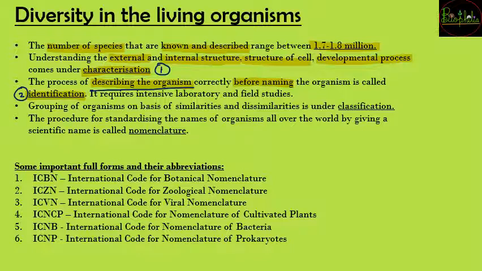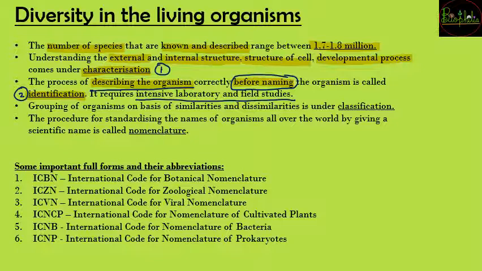And because of this, that is going to be an extensive laboratory and field studies. क्योंकि आप अगर किसी एक पर्टिकुलर चीज का डिस्क्रिप्शन दे रहे हो, तो इन द होल दिस diverse organisms study, you need to find out the perfect match for that description before the naming procedure, and because of that it is going to be an intensive work.